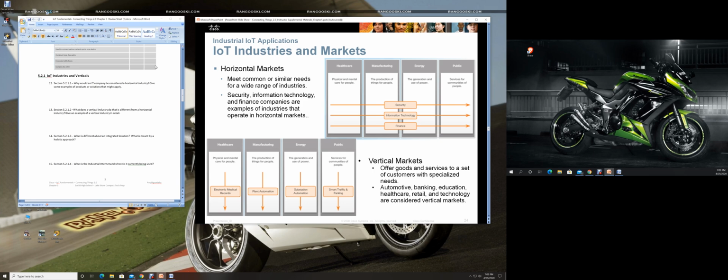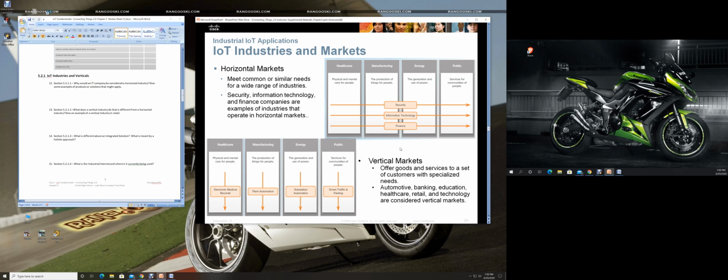Those are things that are made specifically to address the need of a specific market. In the study guide, why would you consider a horizontal industry? And when it says give some examples, there are some in the curriculum, but see if you can think of some things that might fit there, as well as with a vertical industry.